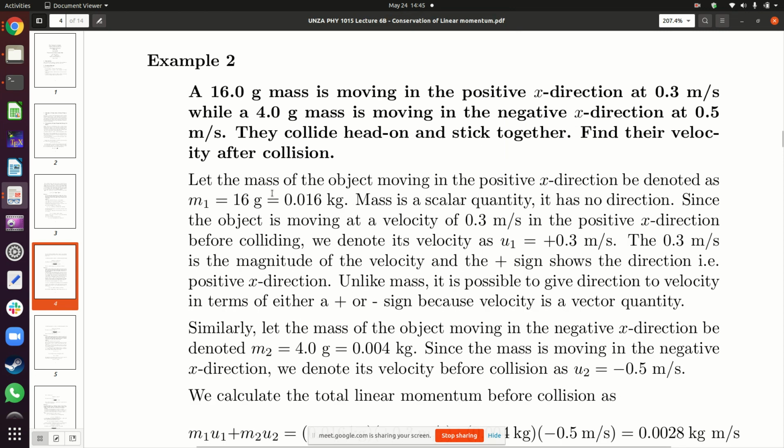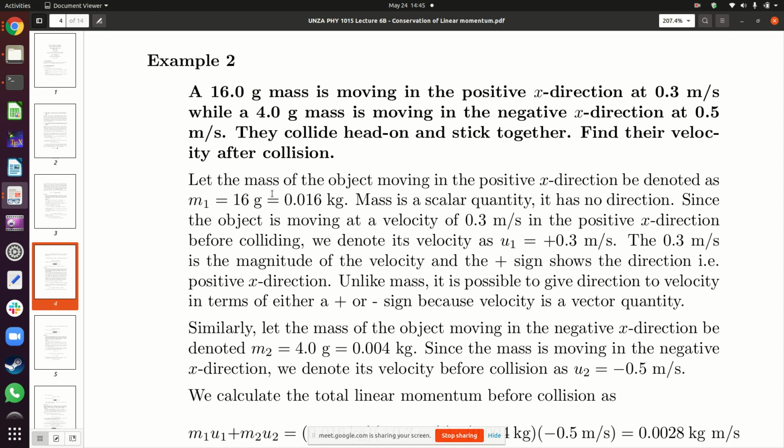Here, example number 2. Again, this is a collision problem. Now we are told there is an x direction. So it reads as follows. A 16-gram mass is moving in the positive x direction. So imagine you've got an xy plane.